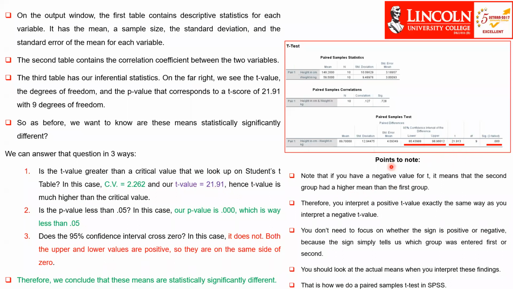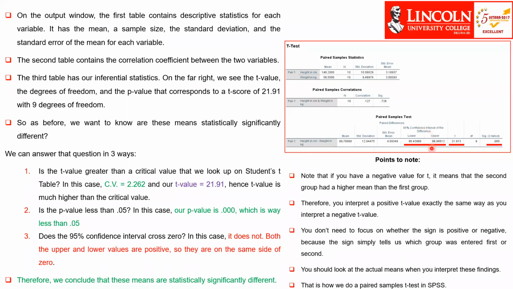The second method is to check the p-value. We want to check whether the p-value is less than 0.05. In this case, our p-value is 0.000, which is way less than 0.05. And finally, the third method is to check the confidence interval. You check whether the confidence interval crosses 0.